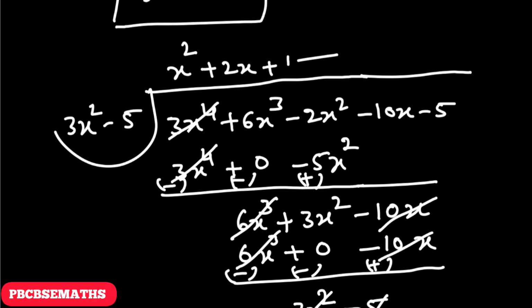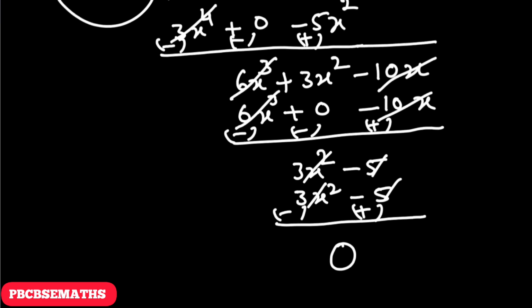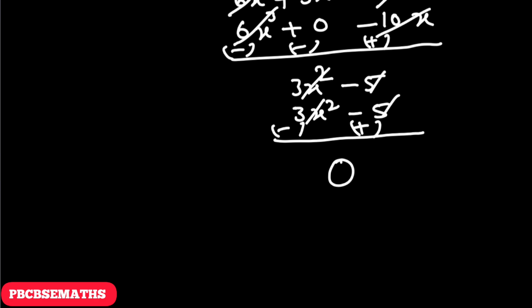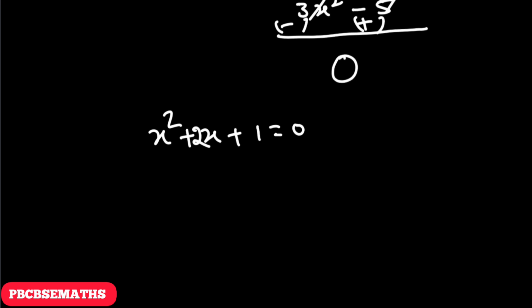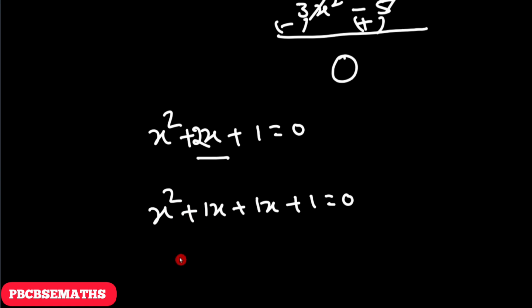So let me write this quadratic polynomial x square plus 2x plus 1 equals to 0, and let's use the factorization by splitting the middle term method to find out the remaining two zeros. So this can be split as x square plus 1x plus 1x plus 1 equals to 0.